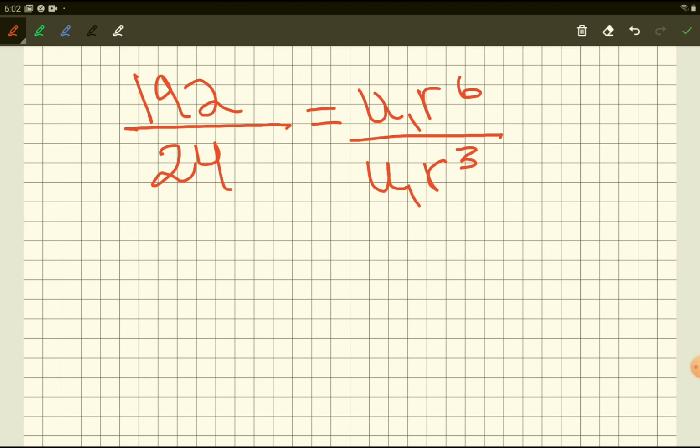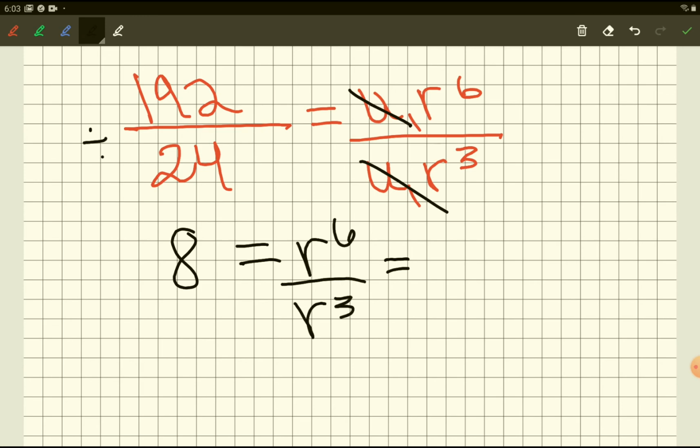So we're going to divide now. 192 divided by 24 is 8. And now we're going to simplify the right-hand side. So that's r to the 6 over r cubed.